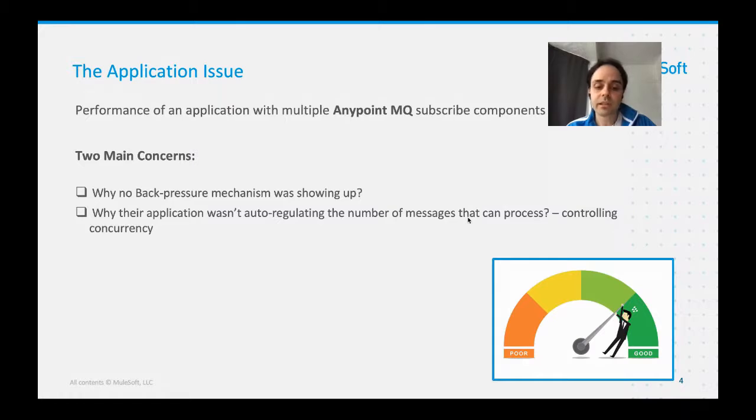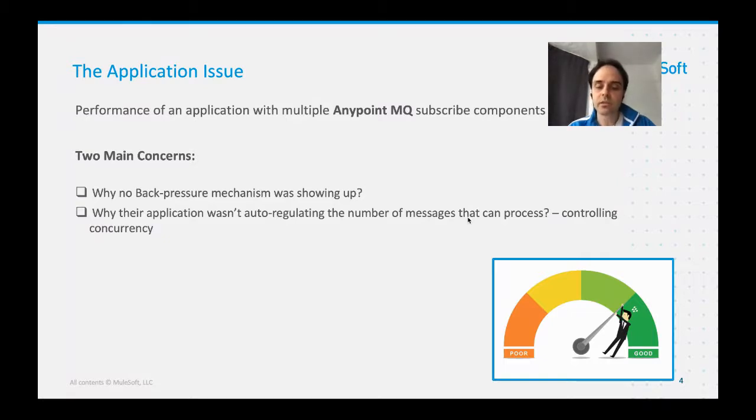They were expecting the MQ consumer, the subscriber application, to sort of magically auto-regulate the influx of messages from the Anypoint MQ broker. Their main concerns in this regard were mainly two.